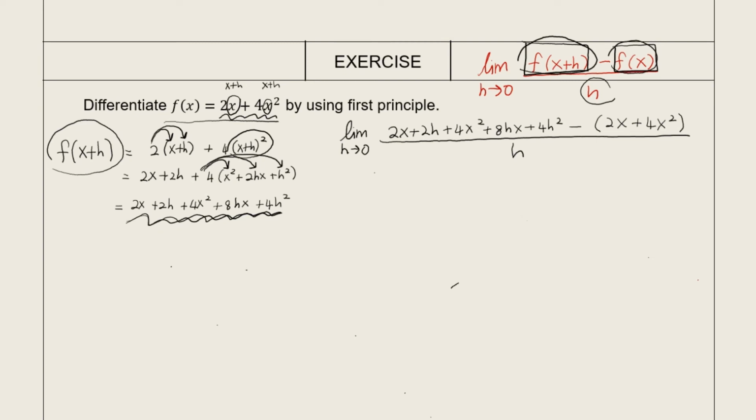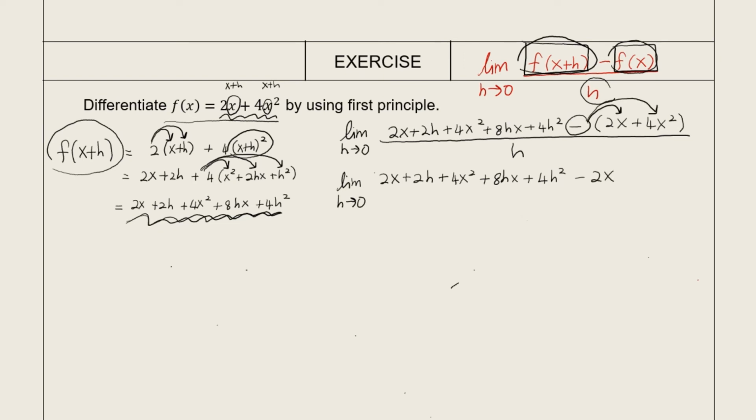Now we want to expand our equation here. Okay, so we have limit h approaching 0. In front here, you just need to copy 2x plus 2h plus 4x squared plus 8hx plus 4h squared. Negative and positive 2x, you will get negative 2x.